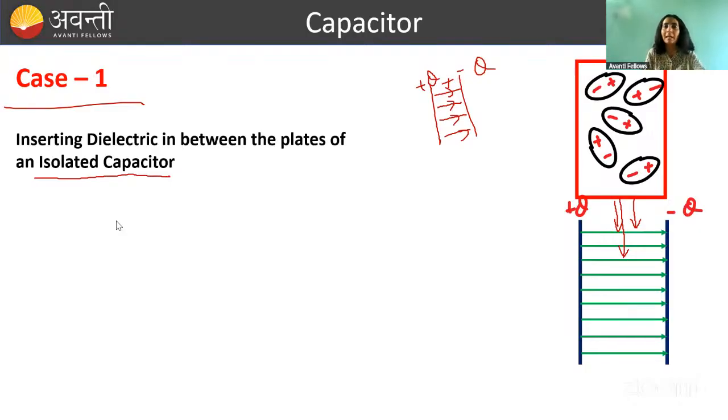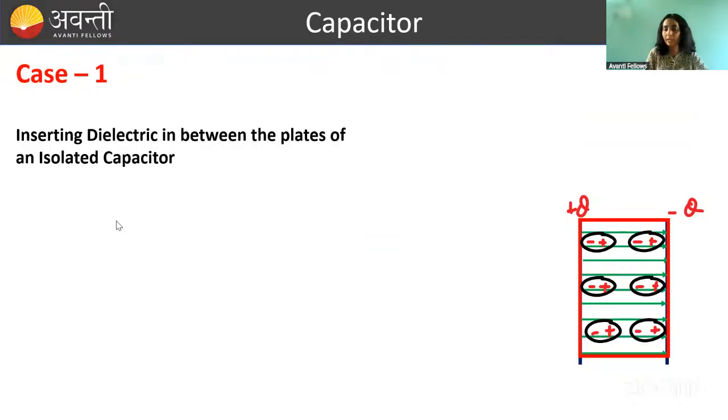The same thing that happened yesterday. I mean, these dipoles will get aligned in the direction of the electric field. Why? To become stable. ठीक है? So the same thing will happen here. यहाँ पे dipole तुम्हारा क्या हो गया? ऐसे align हो जाएगा. And when this alignment is happening, what things will occur? This plus and minus will get cancelled, and then there will be negative charge on one layer of the dielectric and positive charge on the other layer.